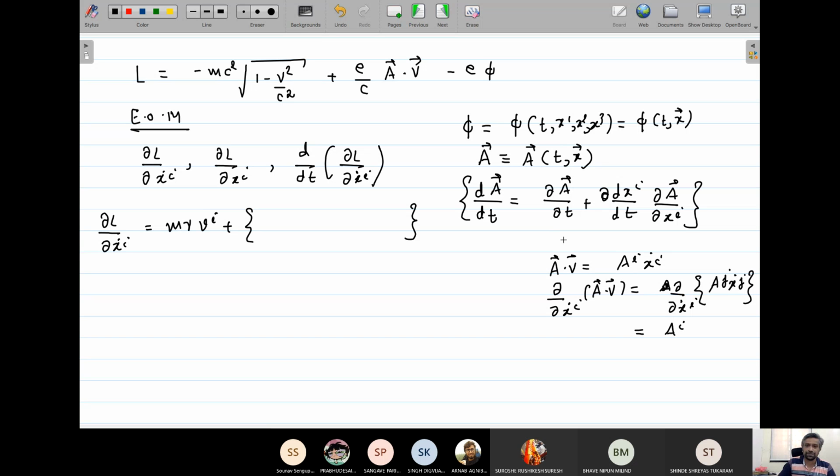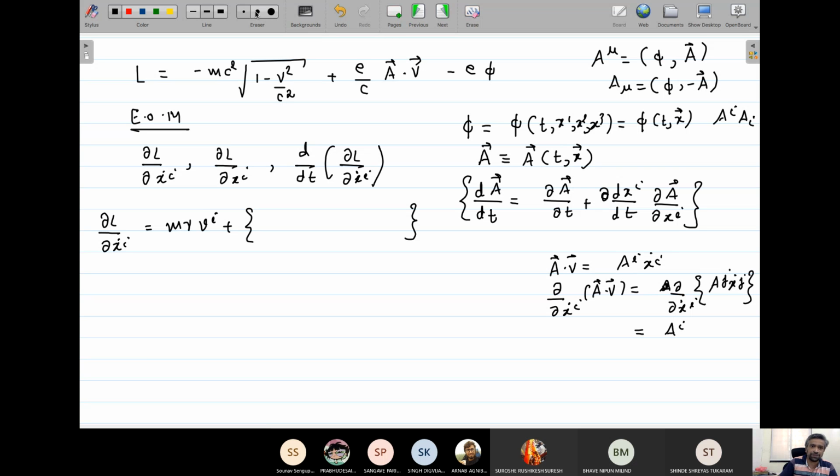Here for the vector, our convention is a upper mu is phi and vector a, so it implies that a lower mu is phi and minus a. But if I have a_i in calculation everywhere, with three components, then it doesn't matter whether I use upper or lower index.